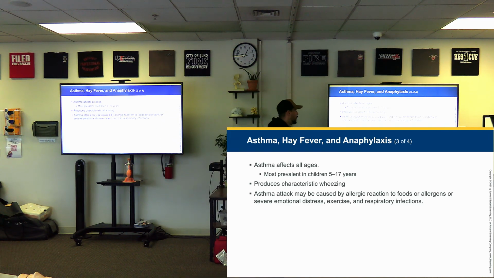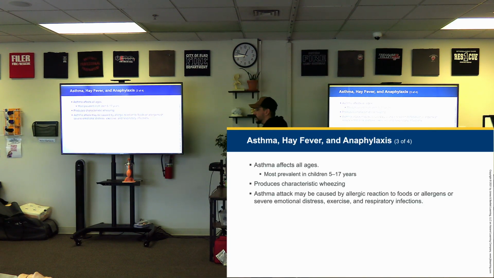Now, asthma attacks, as far as the wheezing, and then they start getting to this air-starved type action, can be caused by allergic reactions, so food or allergens. But on top of that, things like emotional distress. If they're starting to get a little bit anxious, a little panicky, and they start breathing really, really fast, that's another way that they can kick off an asthma attack.